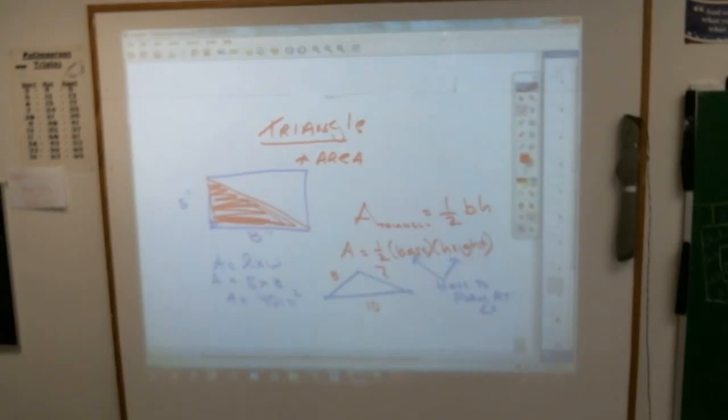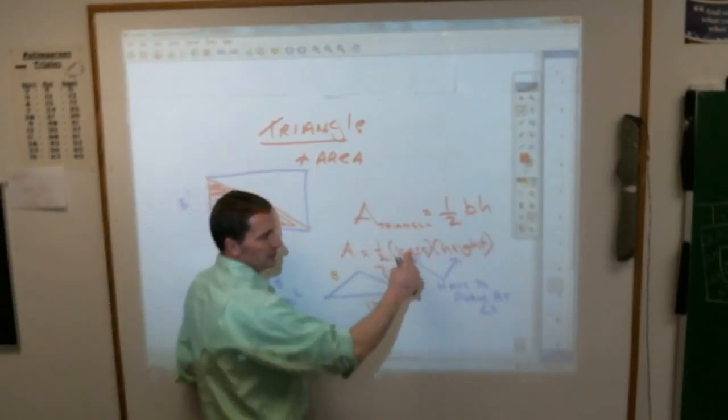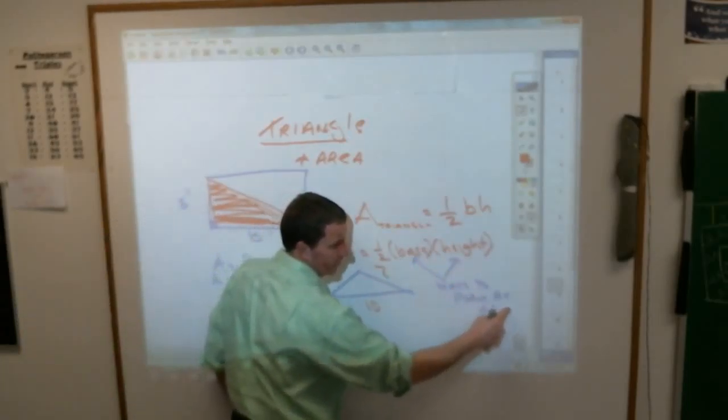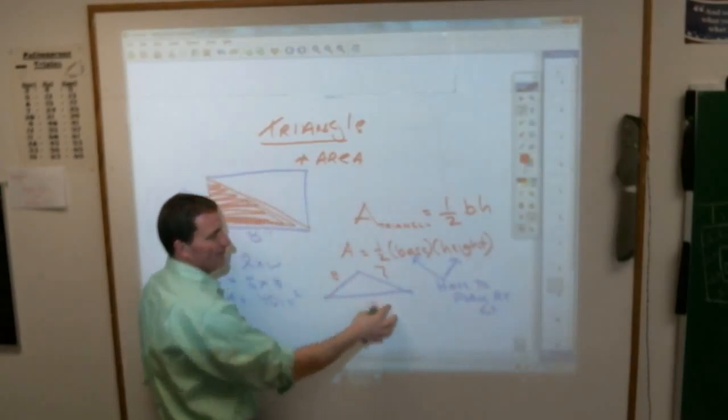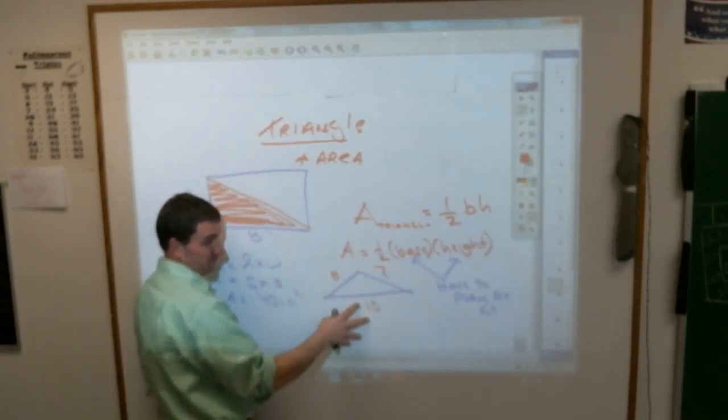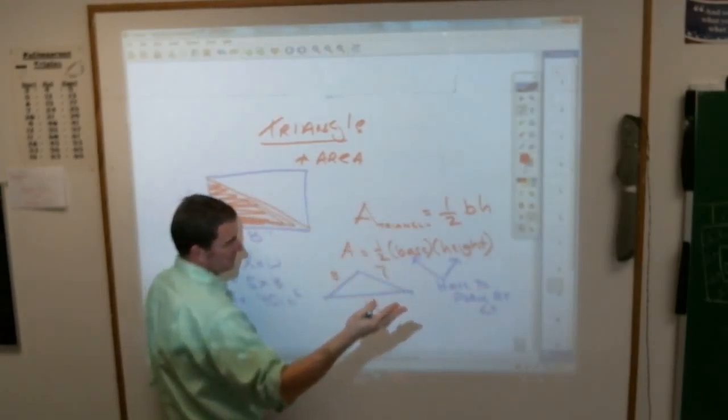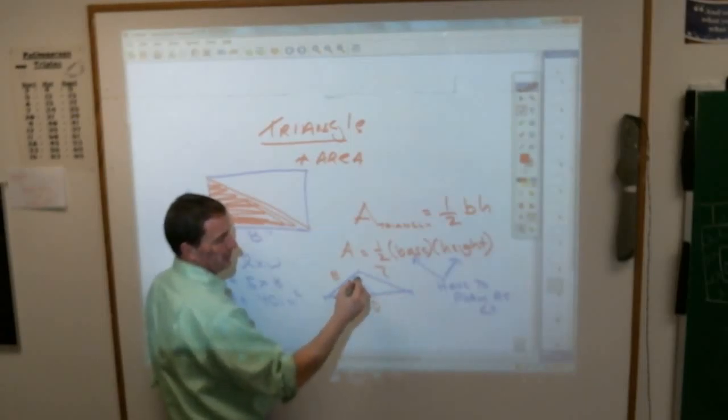Any suggestions out there? I'm glad you are looking at me like I'm absolutely crazy, because you cannot do that problem, you're not given enough information. Area of a triangle is the base and the height, and they have to form right angles to each other. None of these lines have right angles. So you're missing something. You can't do this problem until the book gives you this.